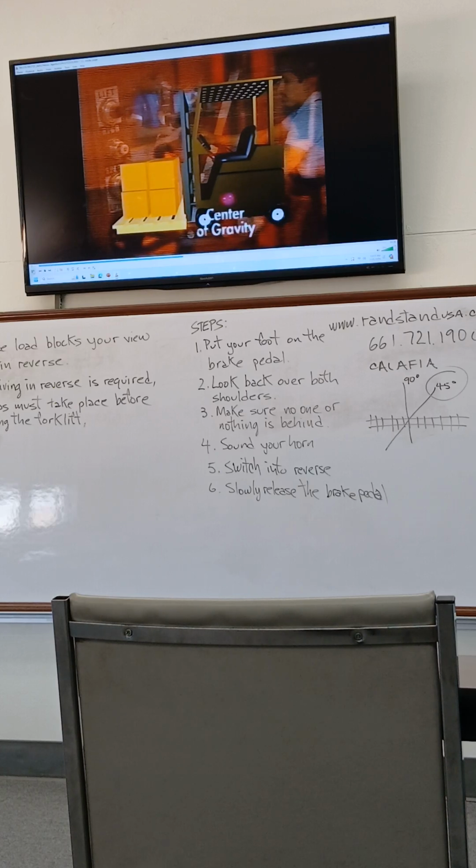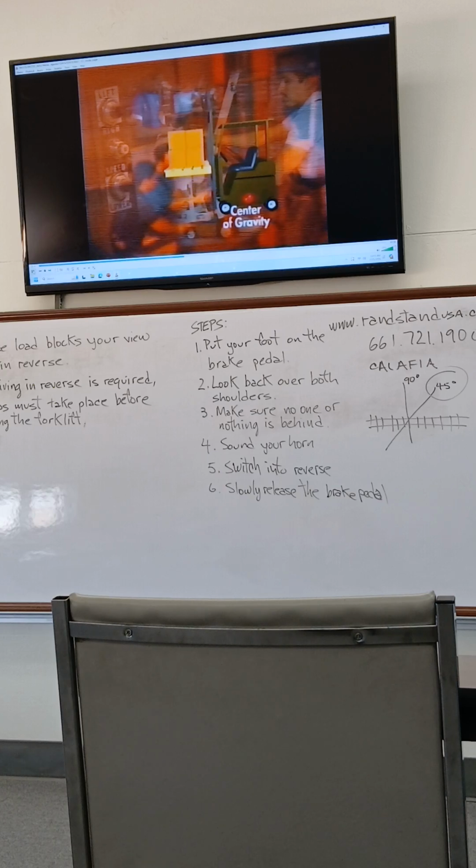If you have a forklift with a load, that center of gravity changes. So the entire object, in this case the forklift and load, is the concentration of weight of the forklift and load. Additionally, as you raise a load, the center of gravity shifts away from the truck and towards the forks.